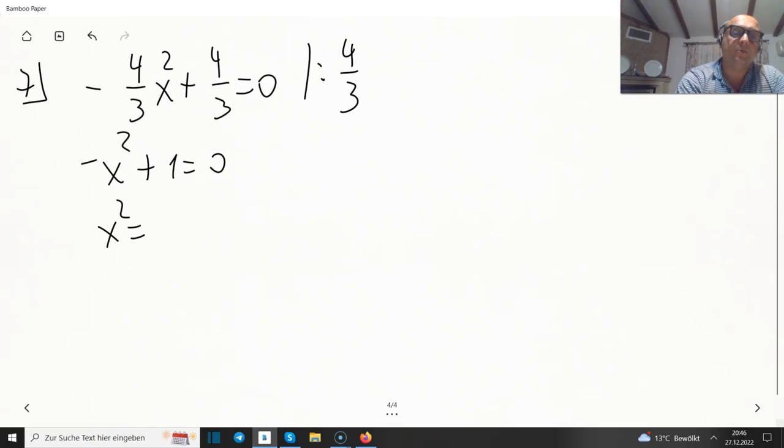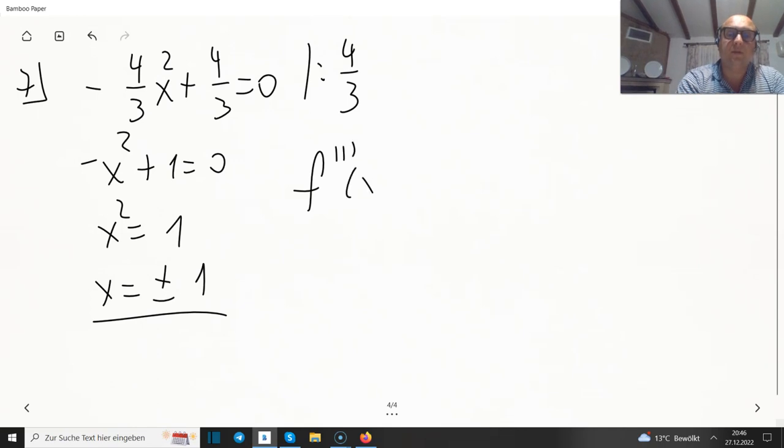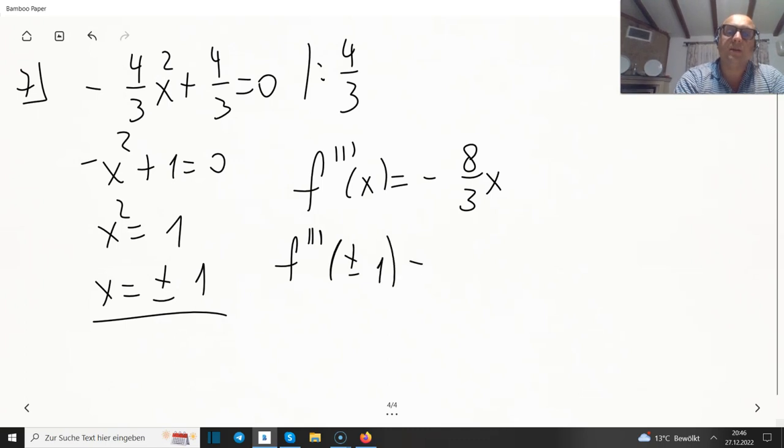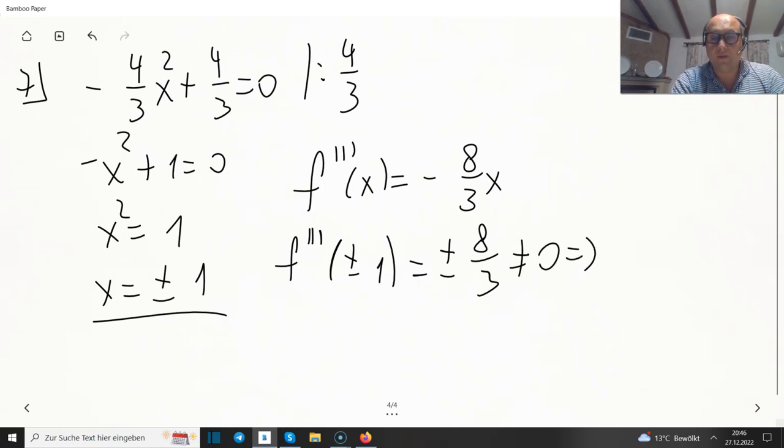So x squared equals 1. So x equals plus minus 1. The third derivative helps us as well. We would have minus 8 thirds x only. And the third derivative at plus or minus 1 gives us plus or minus 8 thirds. So it's not 0 for sure.